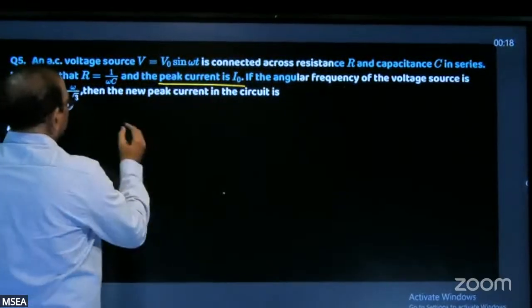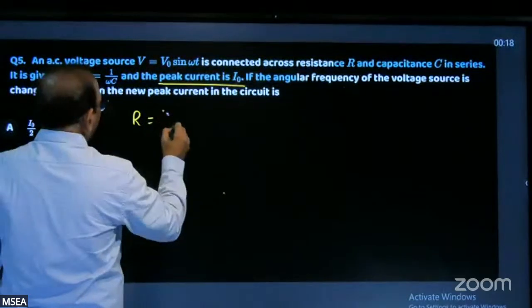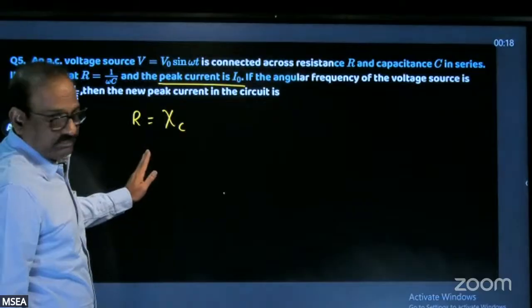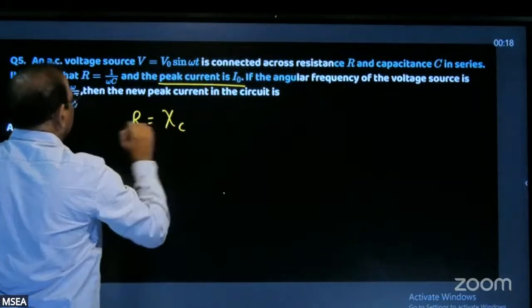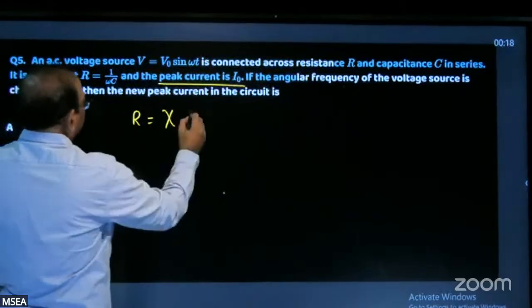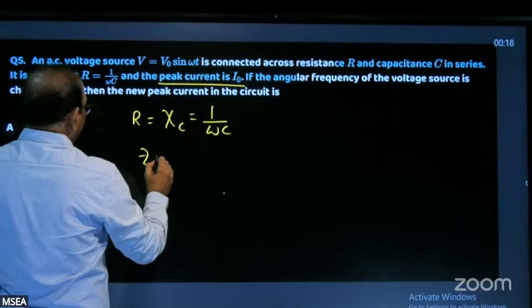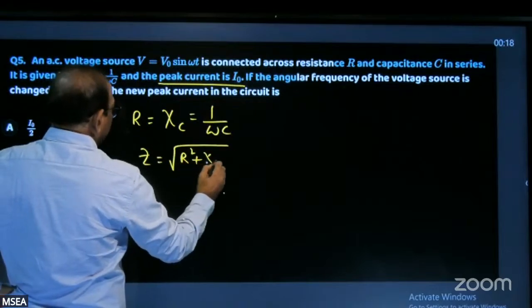Let us see this. In this circuit, R is equal to the capacitive reactance, the initial condition, when the angular frequency is omega. Now, what is impedance? Root R square plus XC square.